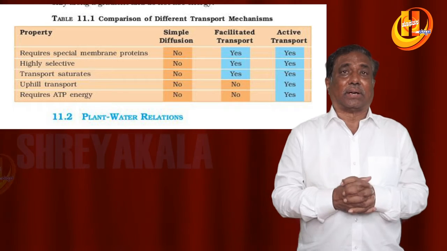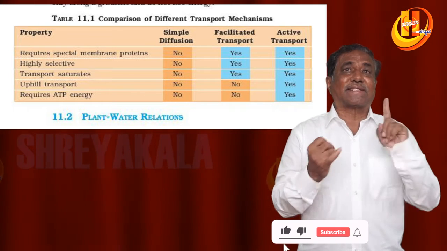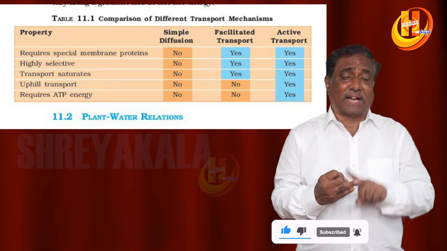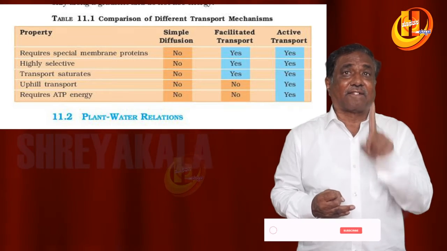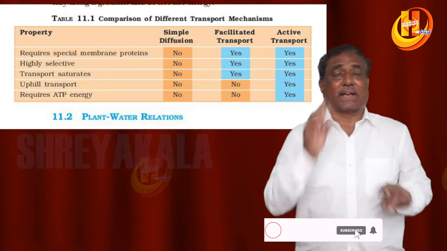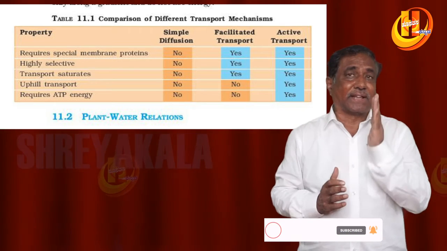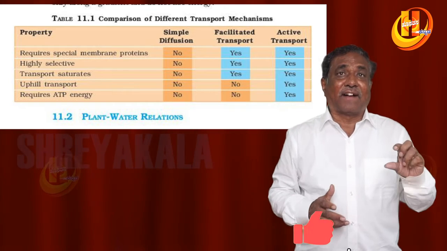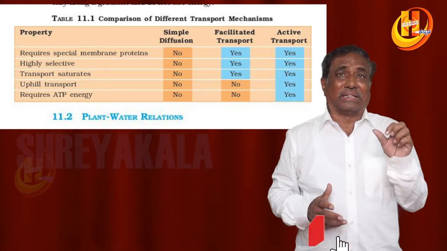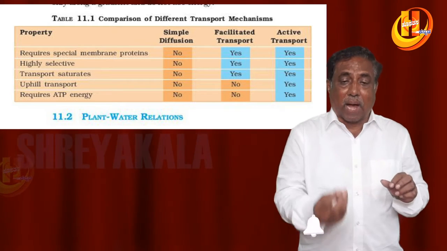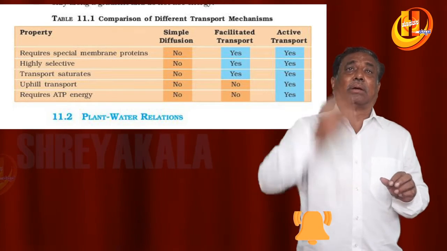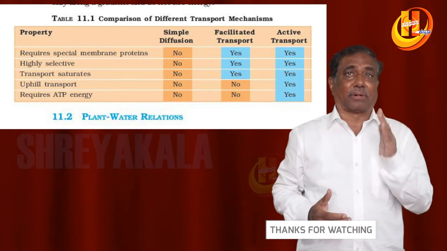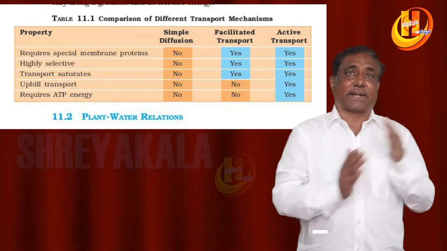The transport saturates, is highly selective, and requires membrane proteins: these are the 3 features of facilitated transport. Requiring ATP and uphill transport are the 2 features of active transport, but not of facilitated transport.